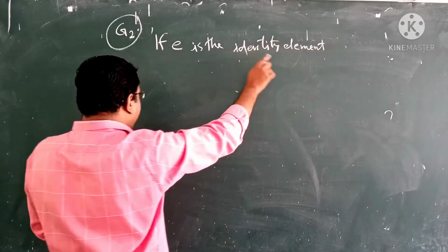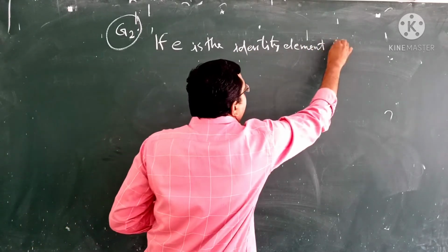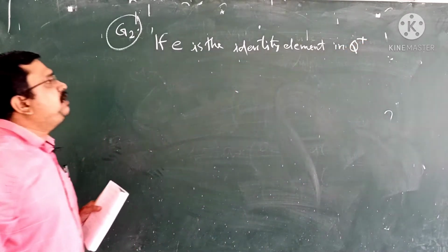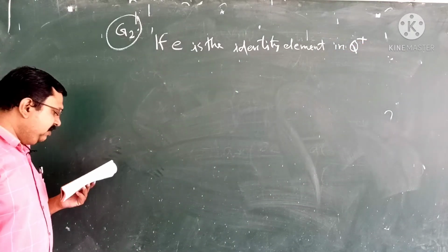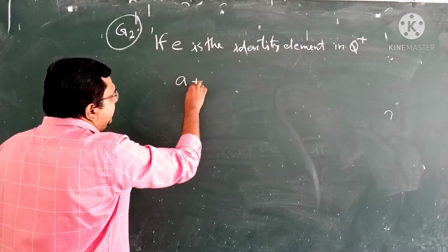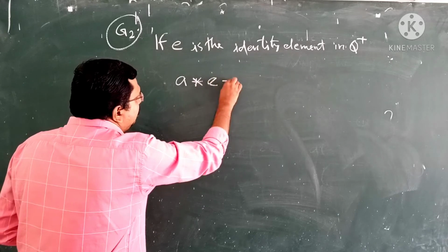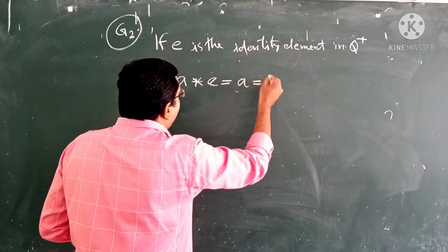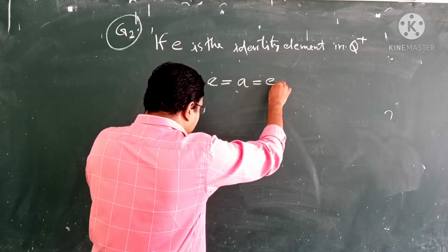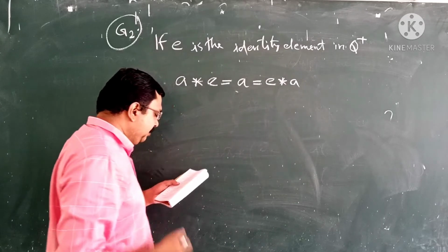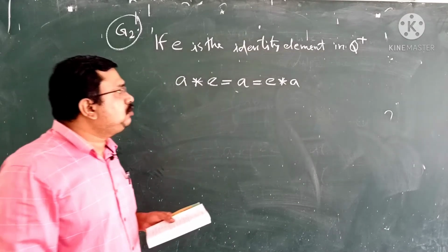If E is the identity element in Q plus with respect to the operation star, then we can define A star E is equal to A equal to E star A, for every A belongs to Q plus.